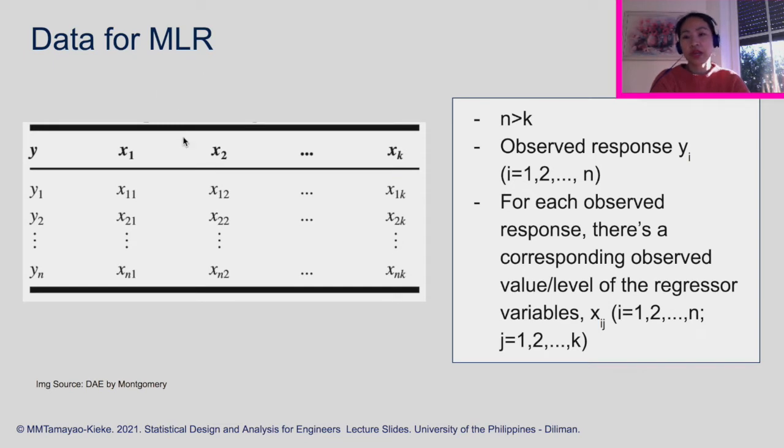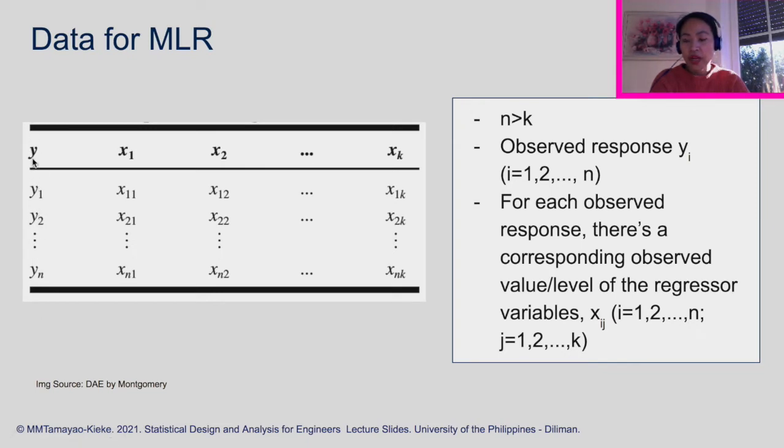This is how you can express the data for multiple regression. In multiple linear regression, you would have n greater than k, so the number of observations would be greater than k. You would have an observed response y sub i for i equals 1 to n. So you have your dependent variable y, with n observations.